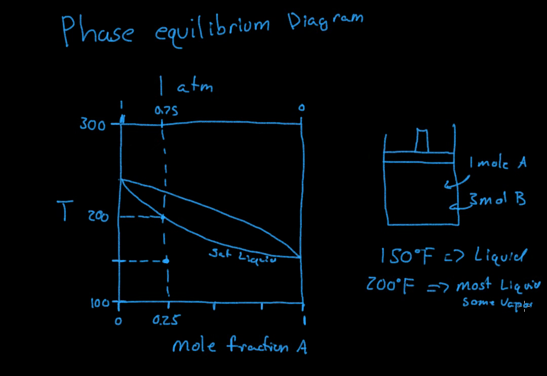When you're at the saturated liquid line, there's just a tiny amount of vapor. If we were to continue upwards to maybe 210 degrees Fahrenheit, actually, let's do the calculation.